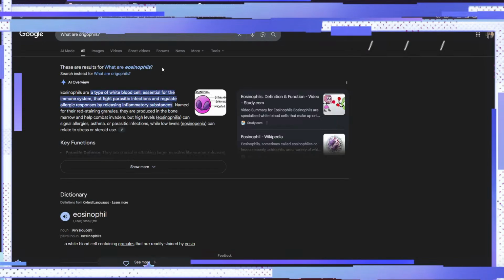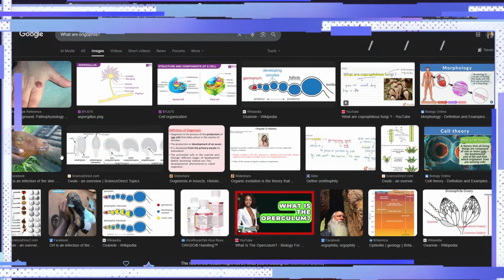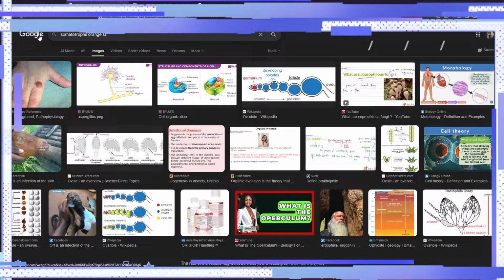Who sent me a message? Oh wow, it's got nothing online. That's crazy. Somatotrophs, orange stain.